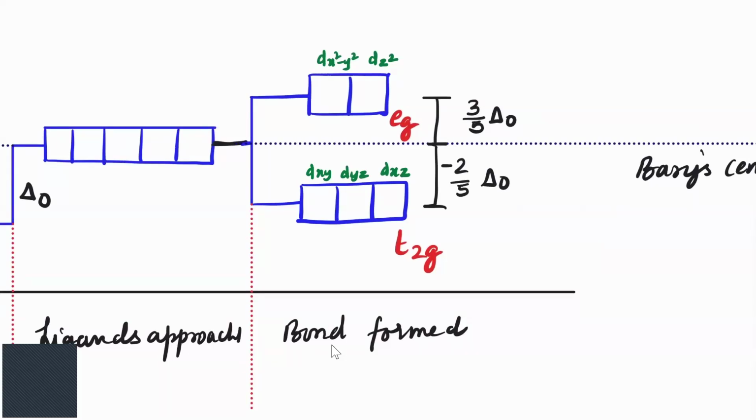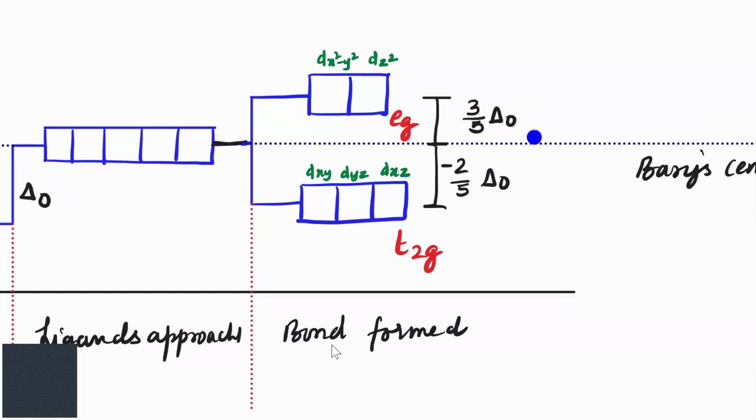Out of 5 here, there is a loss of energy given out by these three orbitals. Therefore, it is minus 2 by 5 delta naught loss in the energy, and whatever energy they have lost, we have distributed it to these two. That means each of those orbitals has a gain of 3 by 5 delta naught of energy.